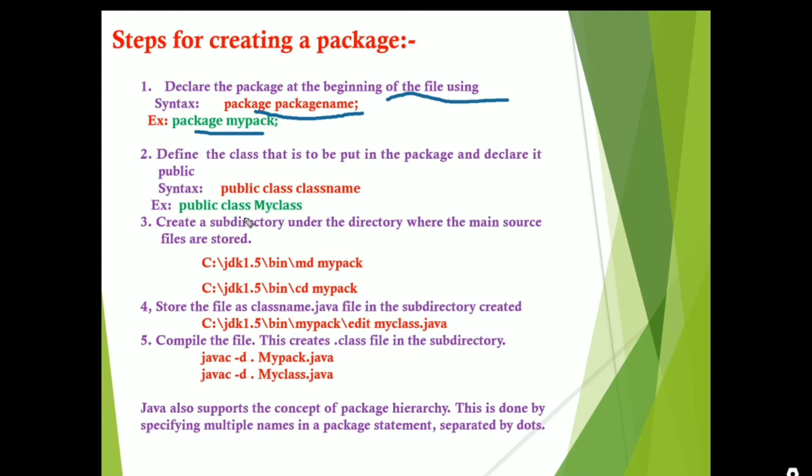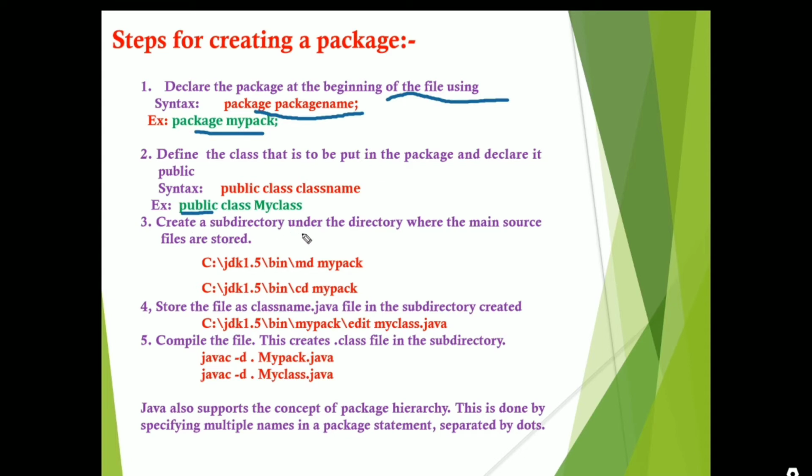So this must be public class MyClass, and if you need to use it in the package, it must always be specified as public. Because this is a public class for the package, the other classes can also access its methods, and they can be accessed in subdirectories or other classes also.